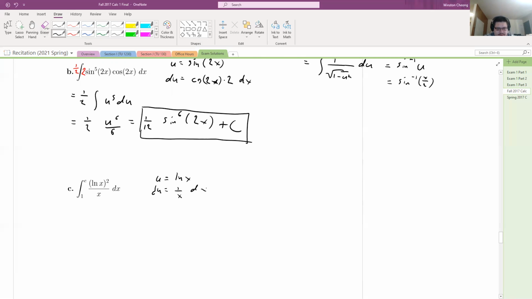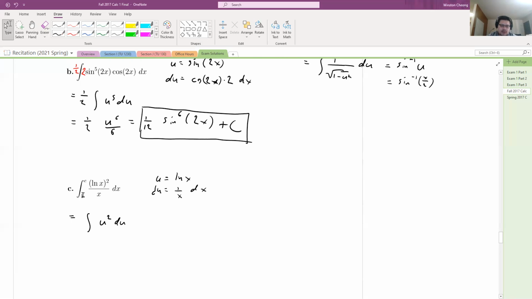So the ln of x squared is going to become u squared, and then the 1 over x dx gets turned into du. Now we should also convert the limits of the integral over, and we plug them into the substitution that we're applying.